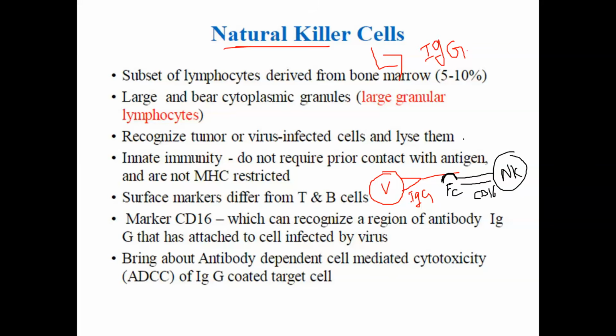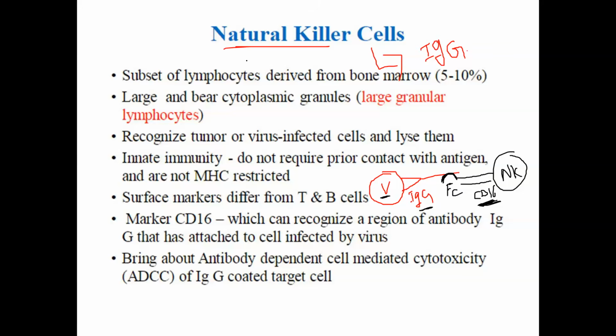This is also important for the exam. What I am trying to explain to all of you is that the CD16 surface marker, which is present on the natural killer cell membrane, will come and associate with the FC receptor present on the IgG. Friends, let me tell you one very important point. Suppose IgG is not associated with the virus infected cell, then the FC receptor never attaches.